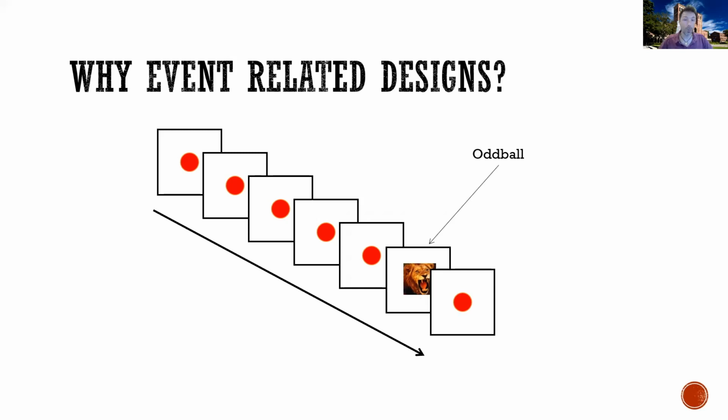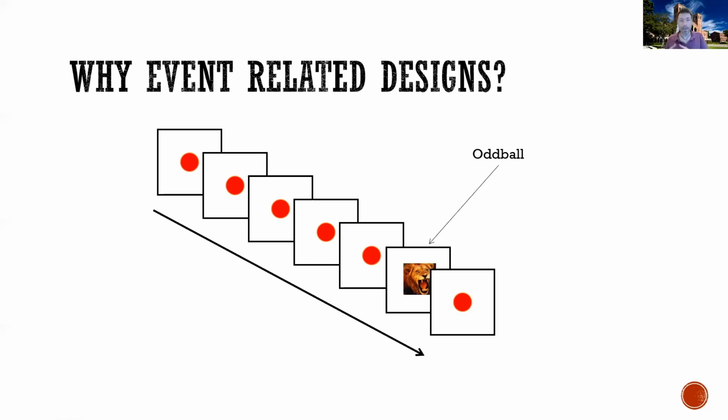And see, if you want to study oddballs, you cannot block oddballs. In order to have an oddball, you need to first establish a standard so that you can then violate it with the oddball. So there's no sense in which you can create a block of oddballs.